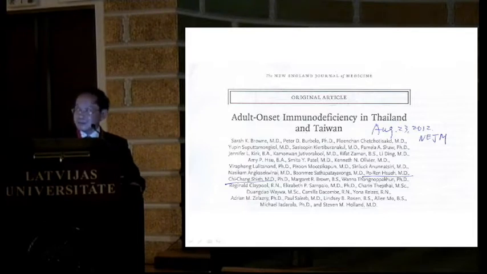I'm sure you know where Thailand is. Thailand is in the Indo-China Peninsula, near Vietnam. Taiwan, our country, is in the Pacific Ocean, near mainland China. But this disease is commonly seen in these two, Thailand and Taiwan. They are different countries.